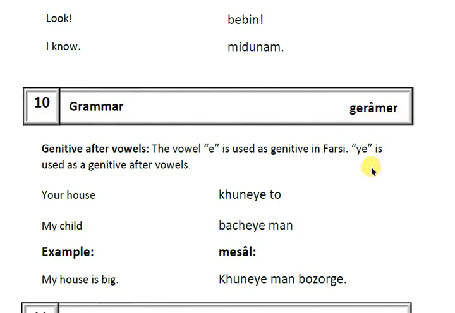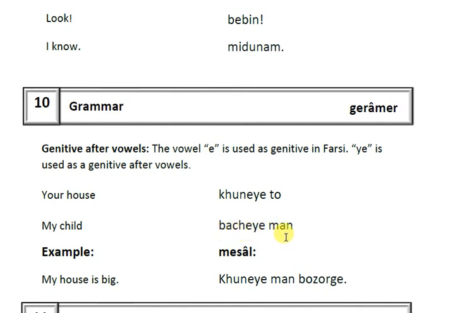Let's take a look at another grammar point. It is genitive after vowels. We use the vowel e, or sometimes ye, as a genitive after vowels. For example, خونه تو, your house. بچه من. بچه means child.